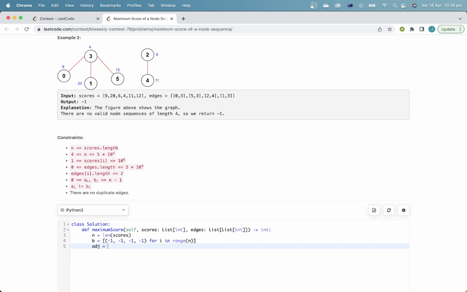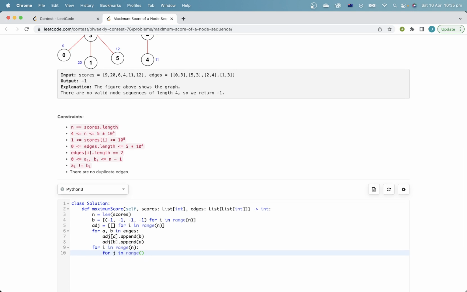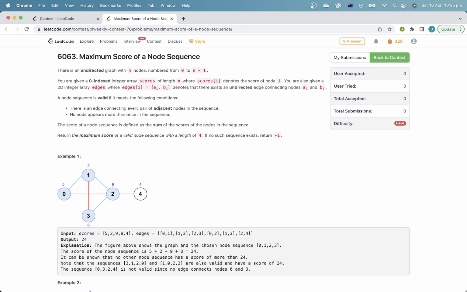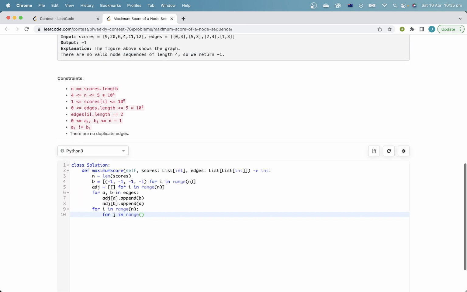Okay, so I need an adjacency list. All right, let's just do that.